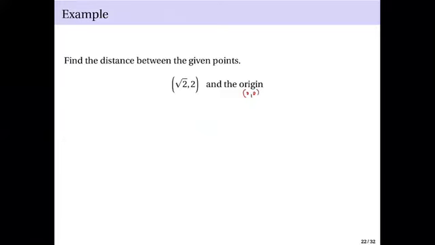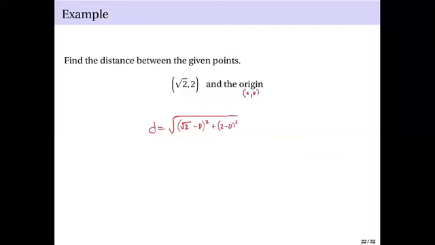So if you use the distance formula, this is just square root of, for emphasis, we write square root of 2 minus 0 squared plus 2 minus 0 squared. Again, for emphasis, you are getting the distance between this point and this point. That's why we put this minus 0 and minus 0 in here.